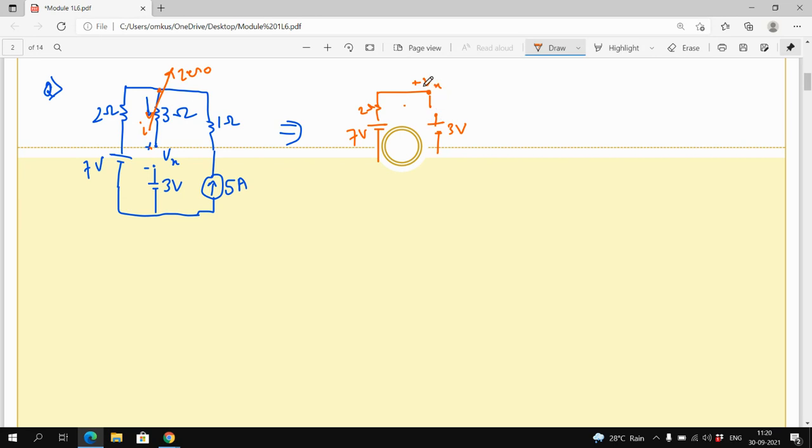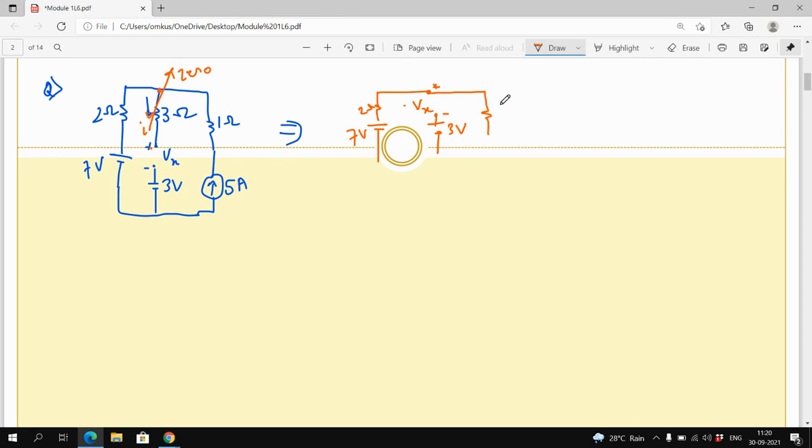This is the positive terminal of Vx, and this is the negative terminal of Vx. This Vx appears in this section, okay? This is the positive terminal and this is the negative terminal.